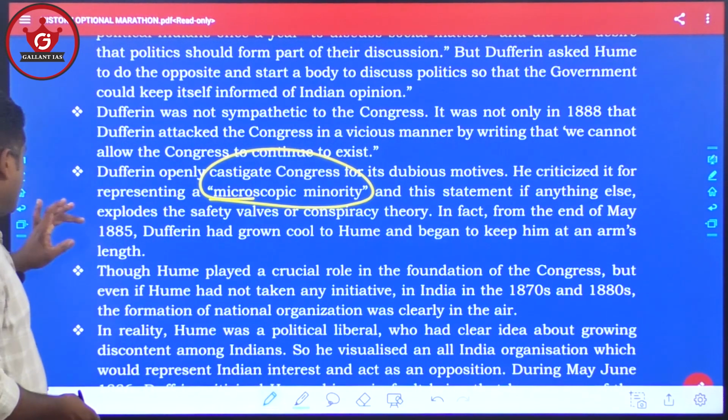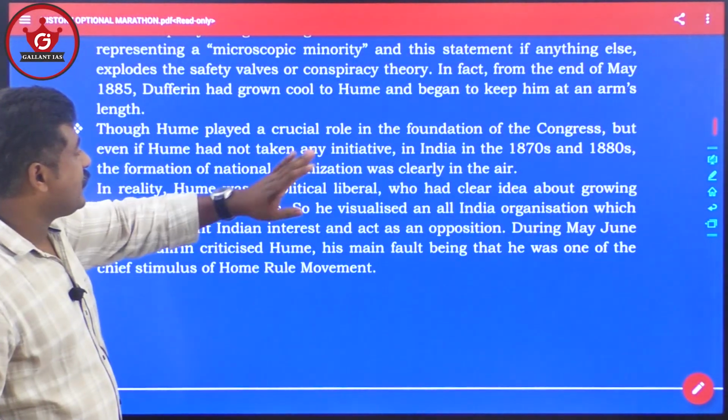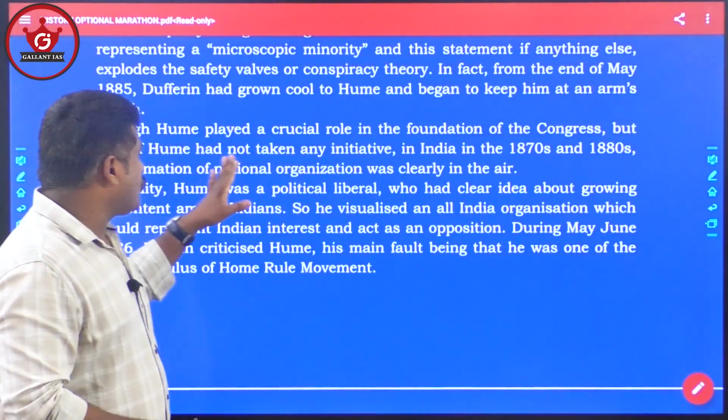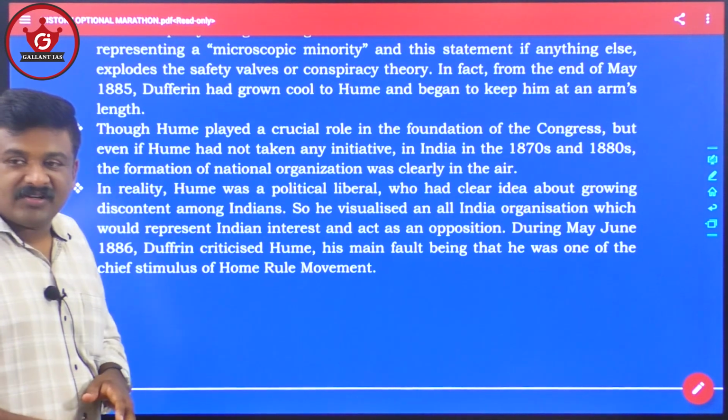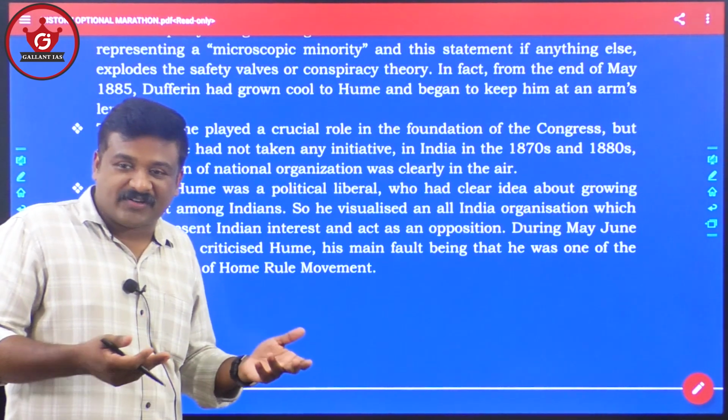Then again it says that Hume played a crucial role in the foundation of Congress. Even if Hume had not taken any initiative, the stage was already set for a political organization.